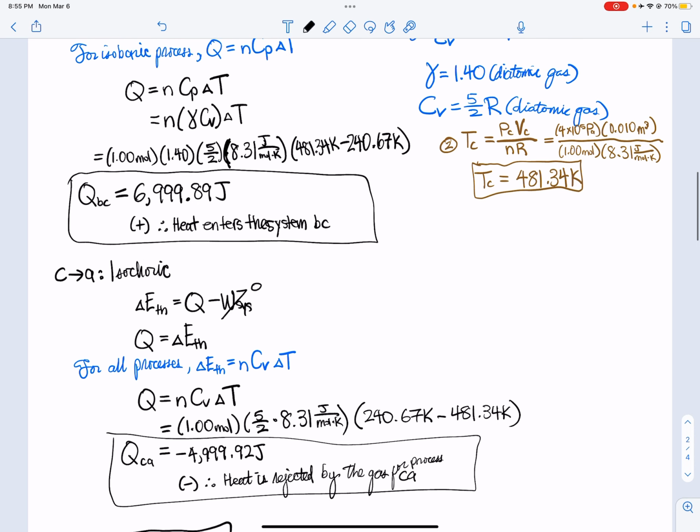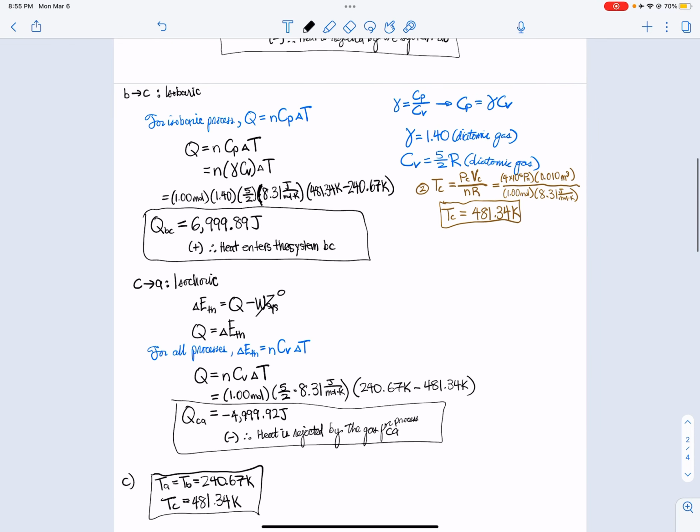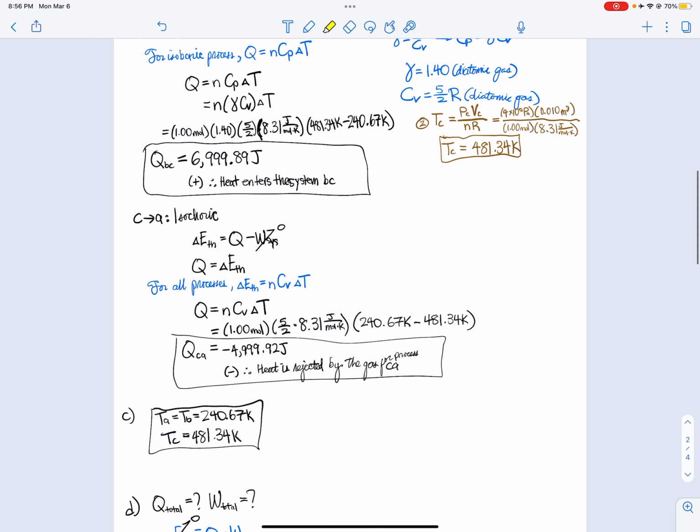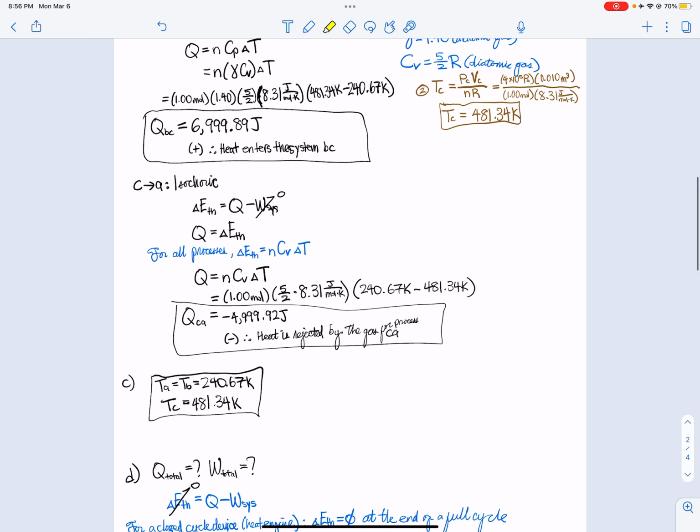For a heat engine, that would be when heat enters the system, right? Because for a heat engine, the hot temperature will enter with a QH, with a hot heat transfer into the system, right? So we would use QBC, which is when the heat enters the system. Why? Because the value for Q is positive. So that's what we need for a heat engine, right?